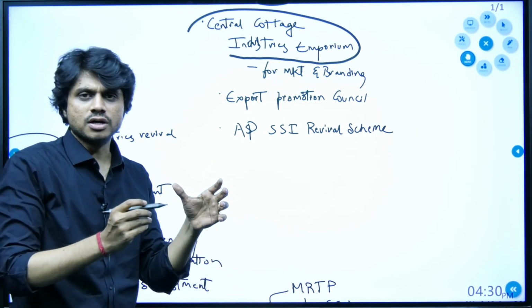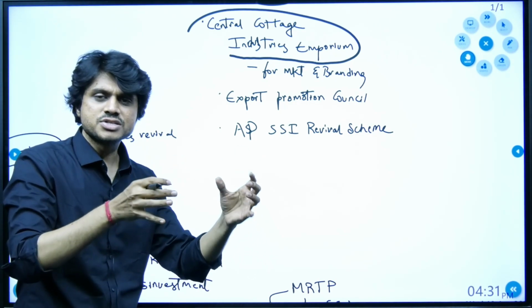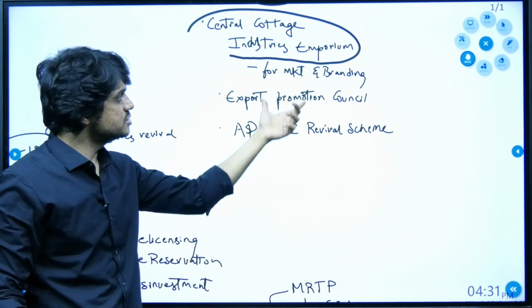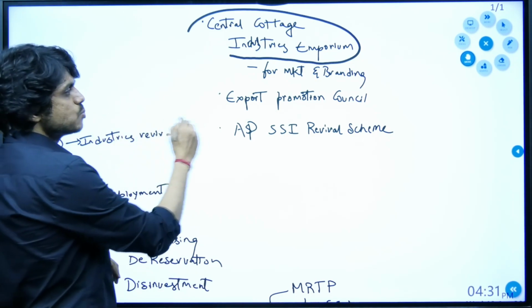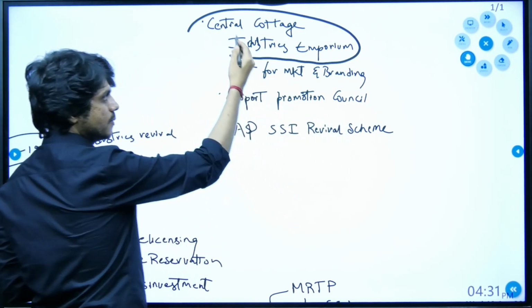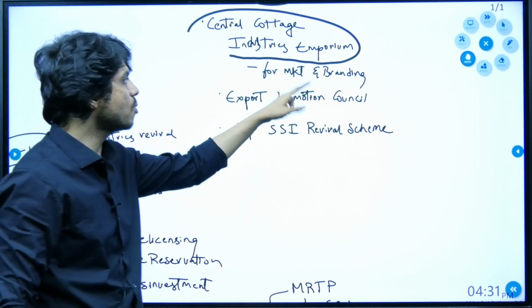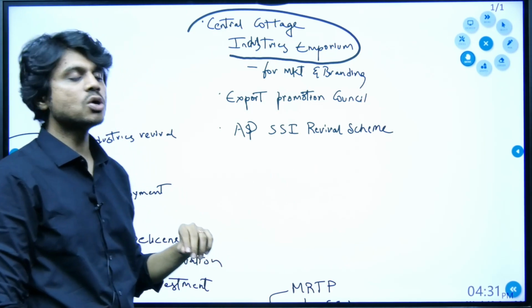You might have heard this from the toppers: study less, use your existing content more. The same content can be used in other places too, right? Export Promotion Council, the same thing. These people could not promote their products in the export market, so one more body has been created to promote their products in markets outside India.